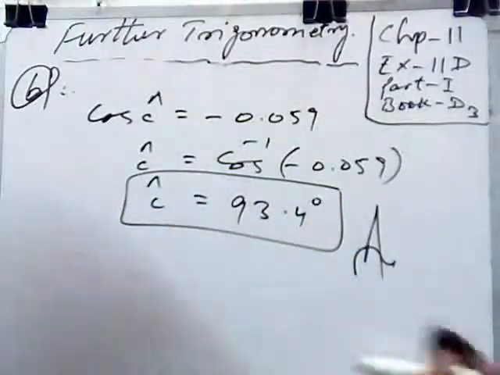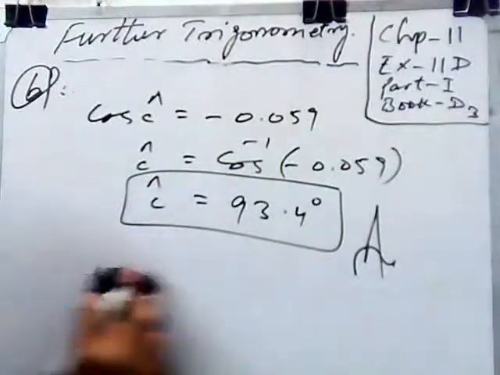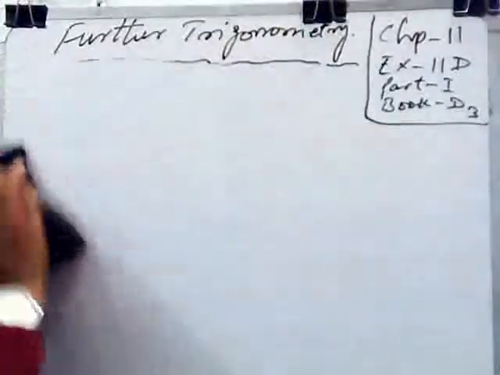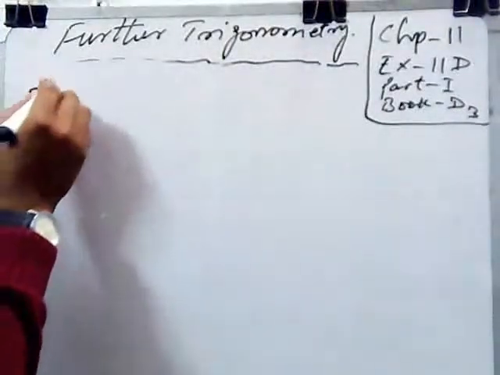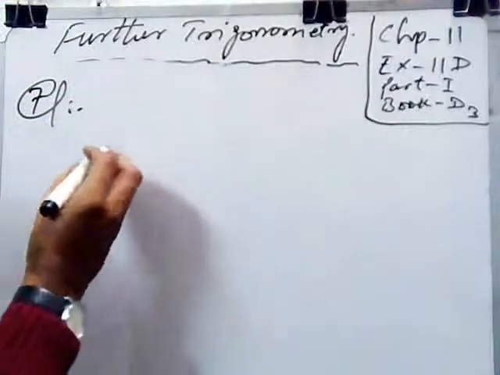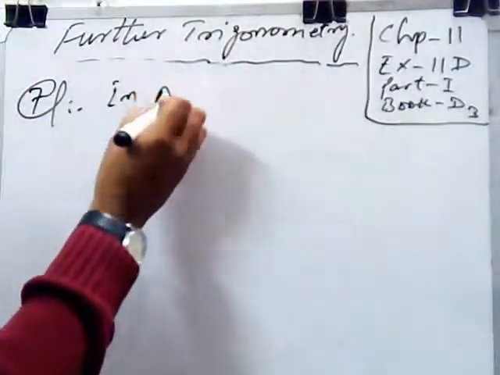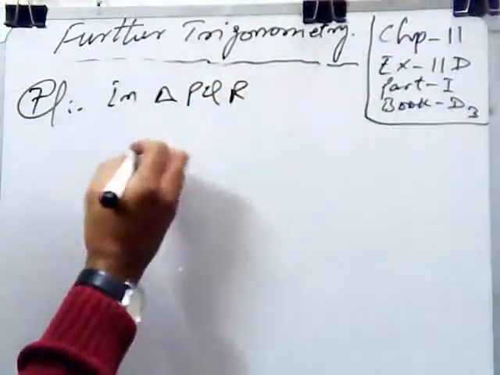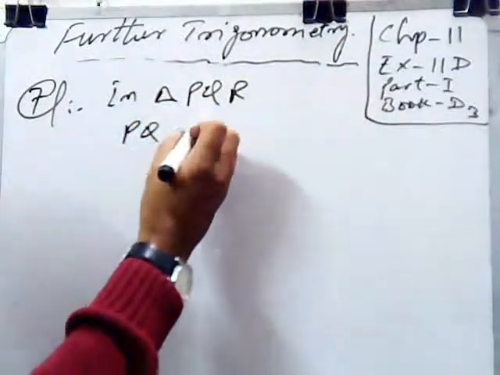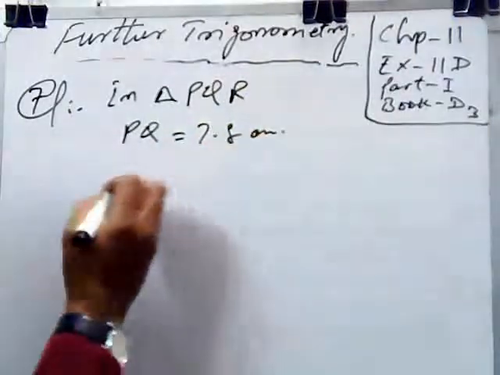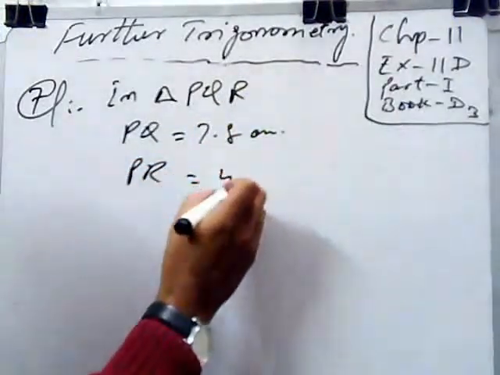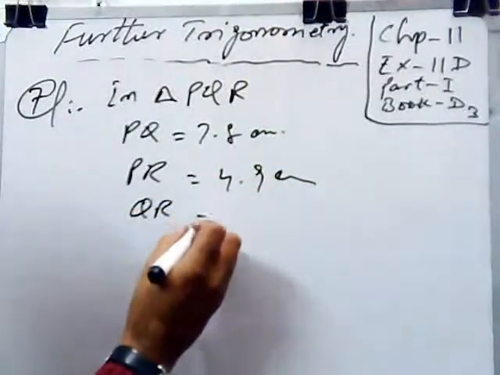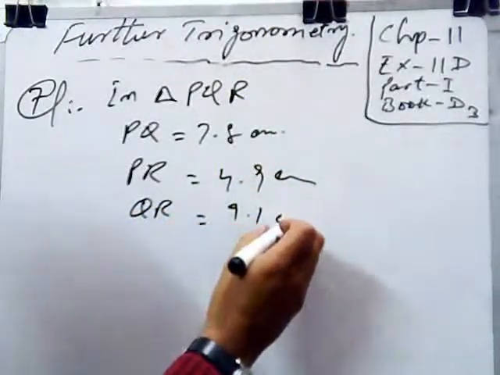Coming to question number 7. In triangle PQR, PQ is 7.8 centimeter, PR is 4.9 centimeter, and QR is 9.1 centimeter.